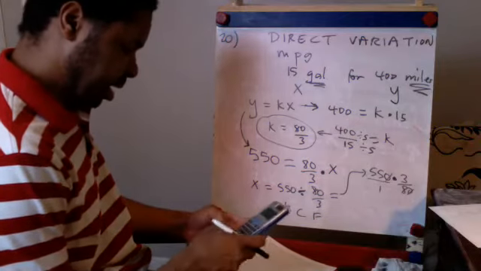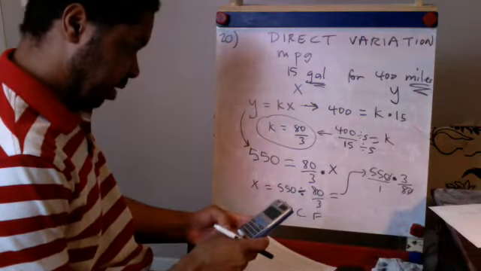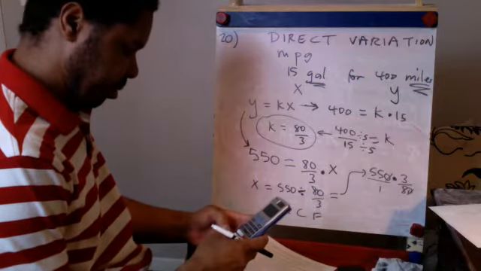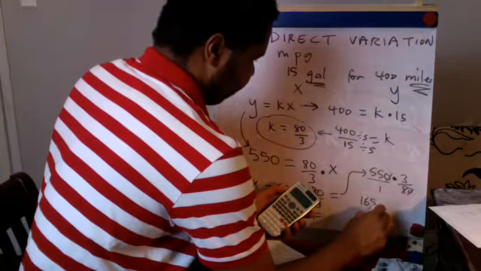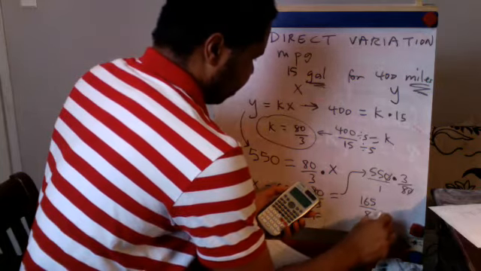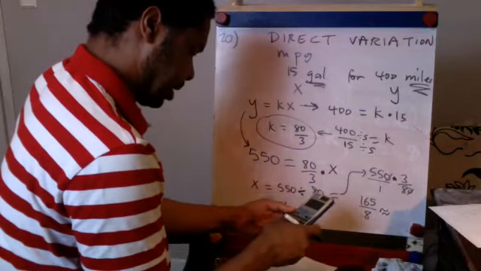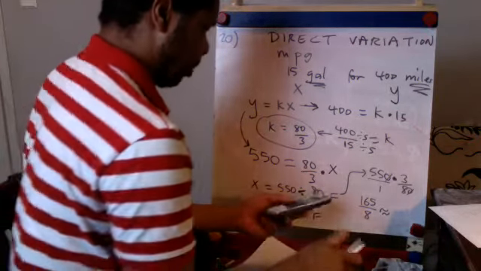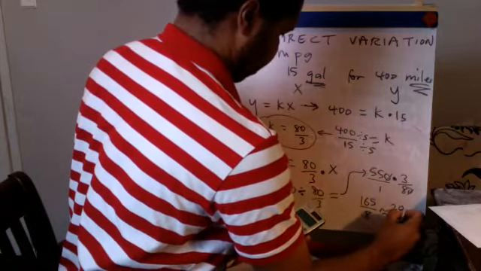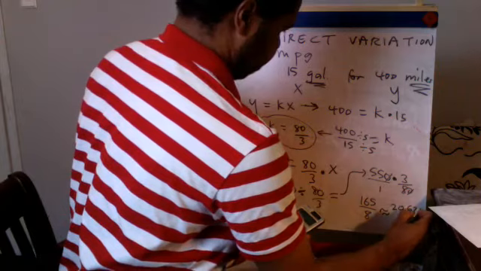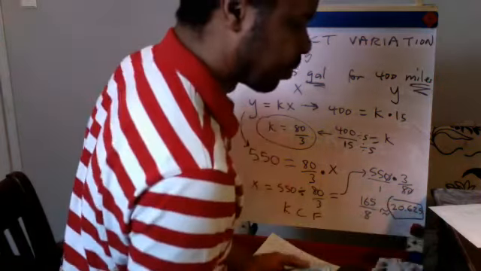So let's do that on my calculator. 550 times 3 divided by 80. That's going to give me 165 over 8, which is, well, not approximately, but exactly 20.625, if I did it correctly.